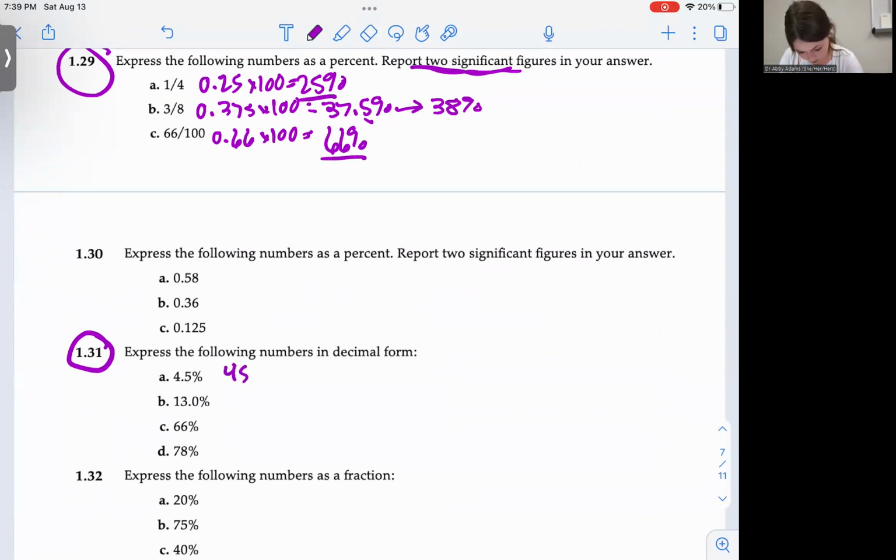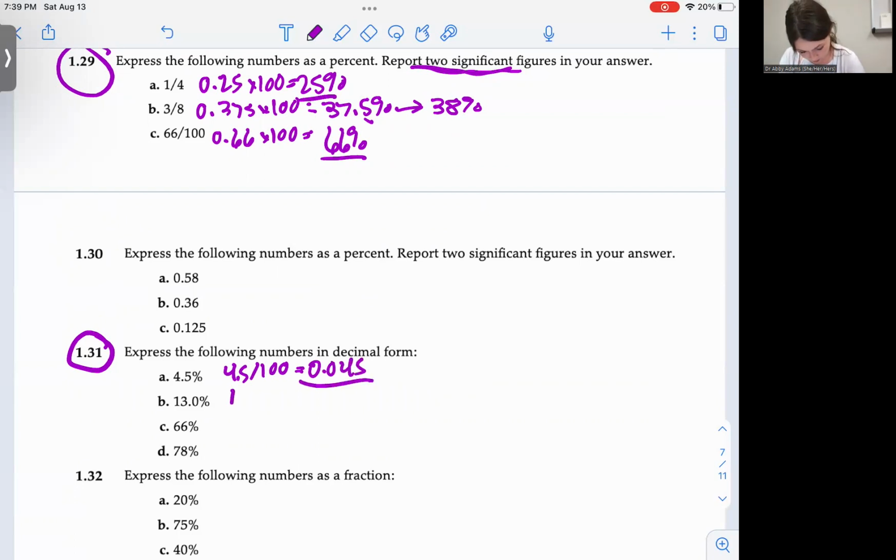You would get that if you did 45 divided by 100, right? Oh, so you're trying to get 4.5% into decimal form. Okay, so you have 4.5 divided by 100, and that's going to give you 0.045. Okay, does that make sense?